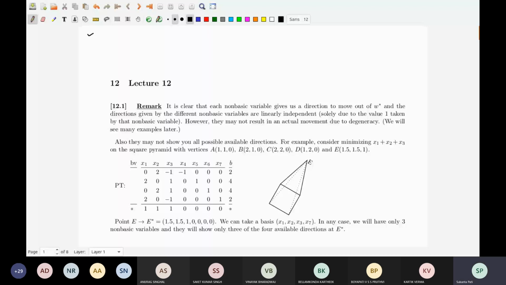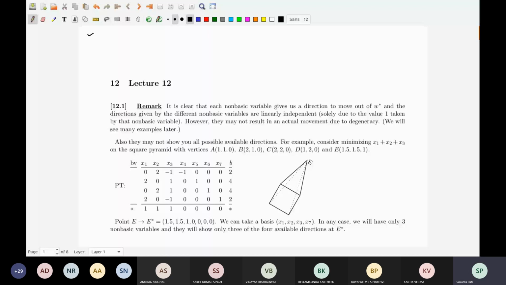We were having one SLPP, and suppose that we have one BFS, and at that BFS we computed the relative cost factor. Assuming that we had a minimization SLPP, if that relative cost factor has entries greater than or equal to 0, then we could conclude that that BFS is minimum.